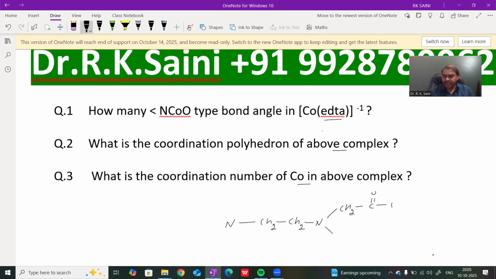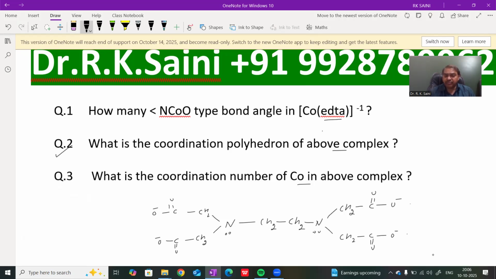It is a hexadentate ligand in which 2 nitrogen donor atoms and 4 oxygens act as donor atoms. This is the structure of EDTA: 2 nitrogens and 4 oxygens, the negatively charged oxygen or any oxygen because resonance is there, but from each acetate, one oxygen is a donor site. Therefore, the total denticity of the ligand is hexadentate.